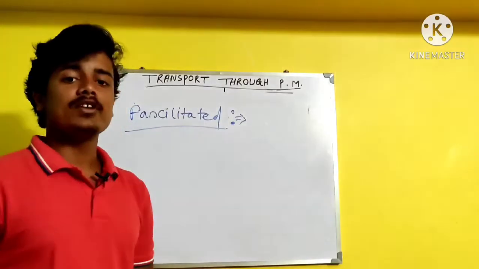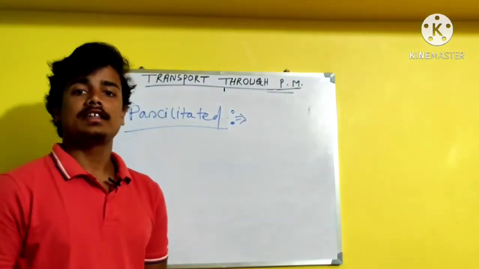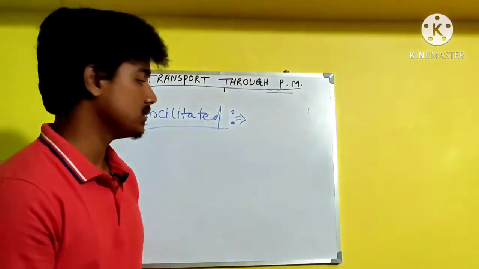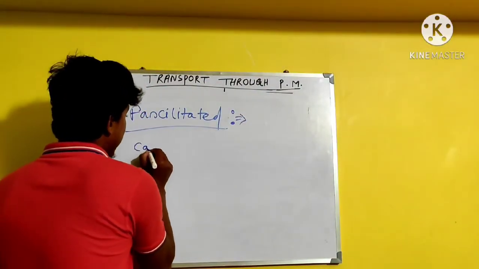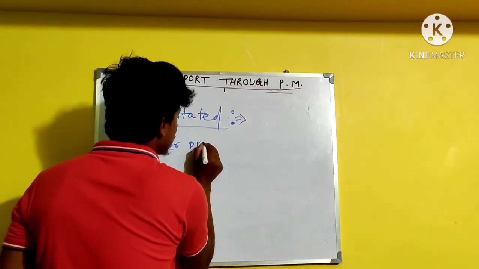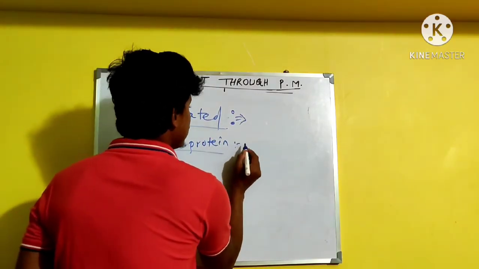This facilitated diffusion can be divided into carrier protein mediated and channel protein mediated.